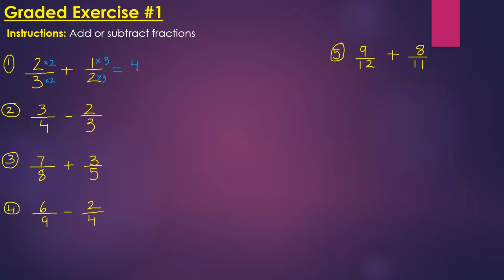But if you meant 4 over 6, you would say 4 over 6. And after that? Add 4 plus 3, and that will give you 7 over 6.